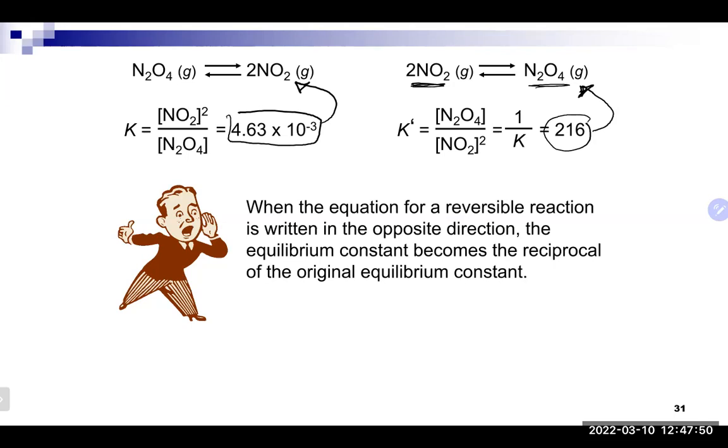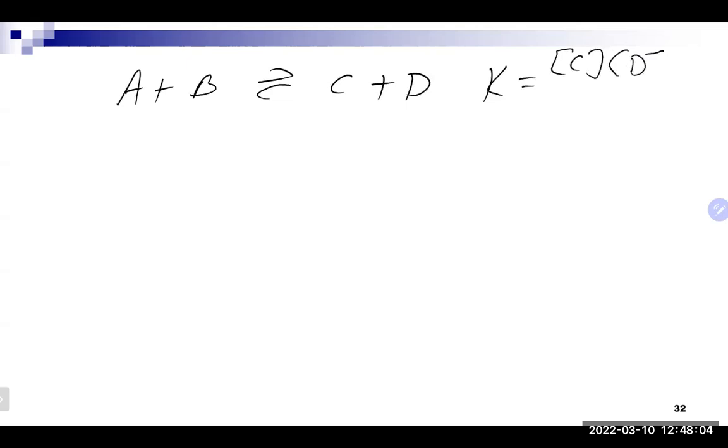A couple other manipulations that sometimes occur: let's just say we had A plus B goes to C plus D, and we write the equilibrium expression of obviously C times D divided by A times B. Now, let's say in this case we didn't need 1 of everybody, but we needed 2 of somebody.